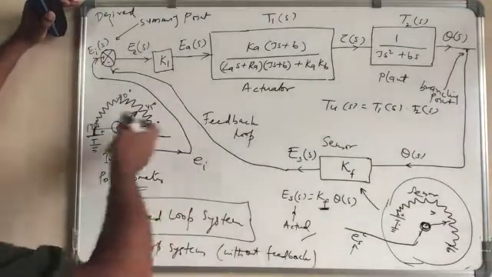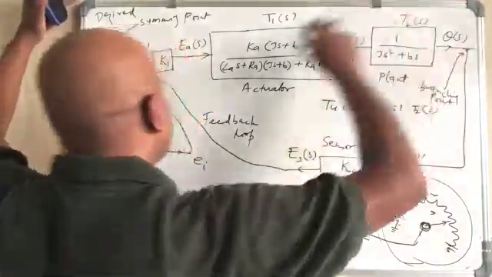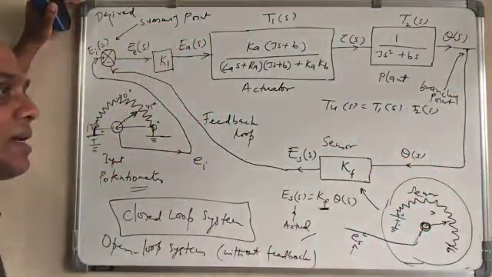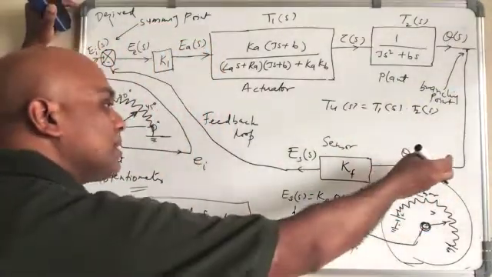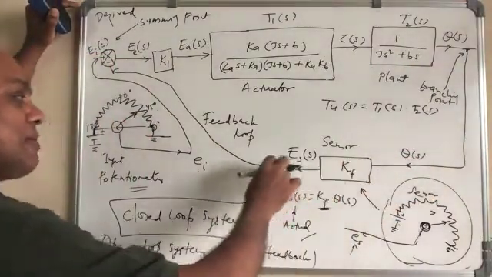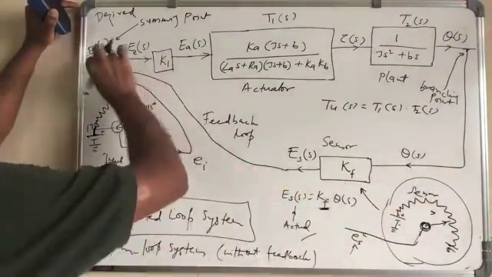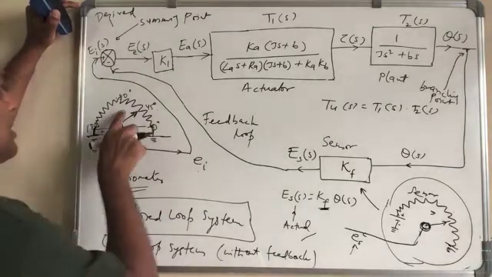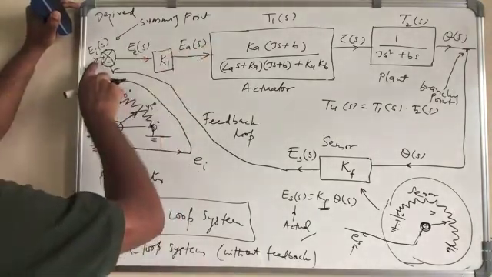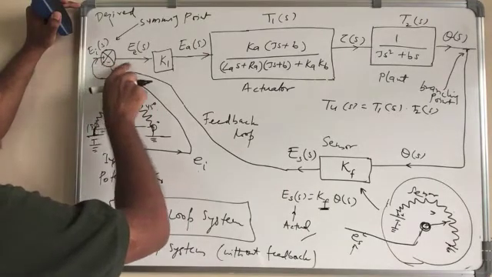Now if there is a change, let us say this is at 35 degrees and you want 45 degrees. Then the desired input voltage will be more, and this minus this is a positive number.